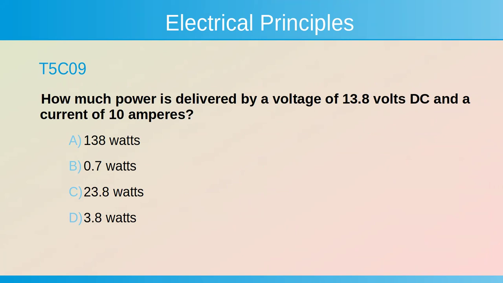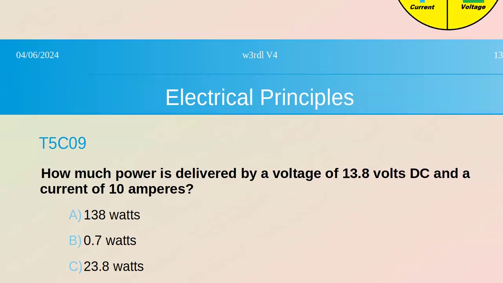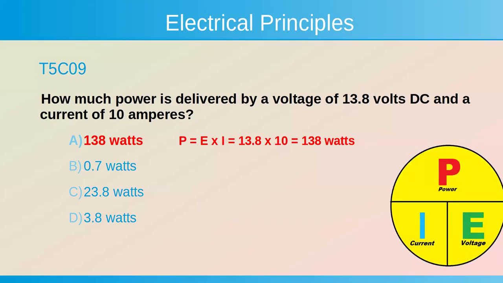How much power is delivered by a voltage of 13.8 volts DC and a current of 10 amperes? 138 watts. And you notice, everybody wasn't here when the question came up.